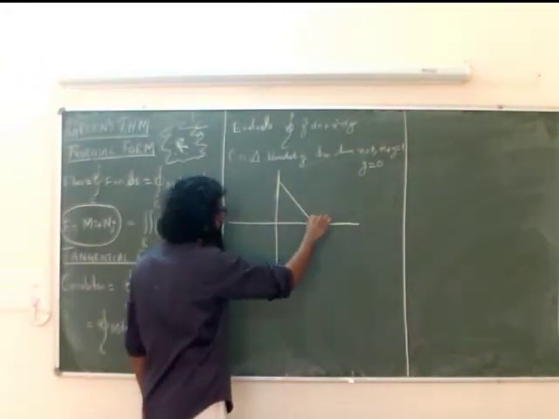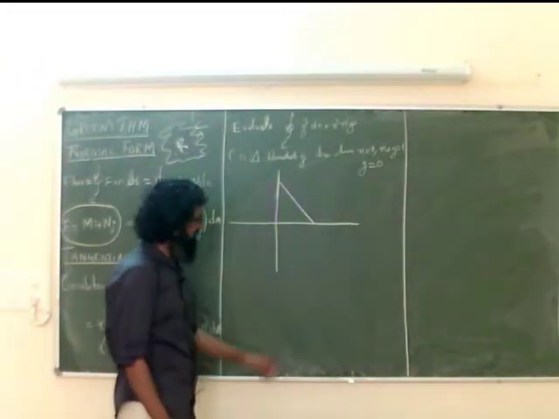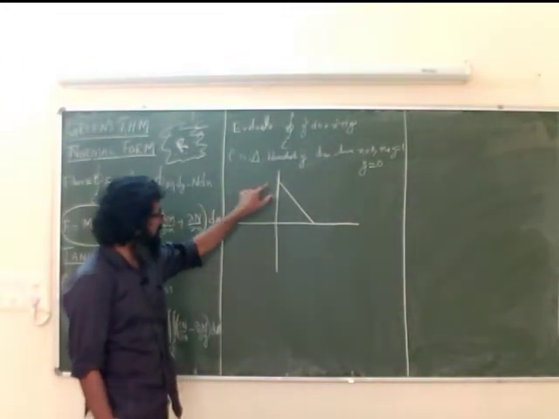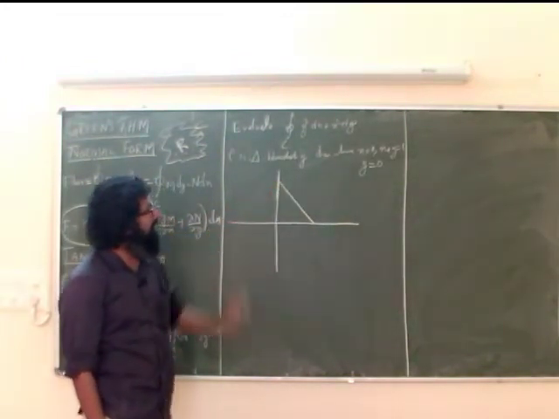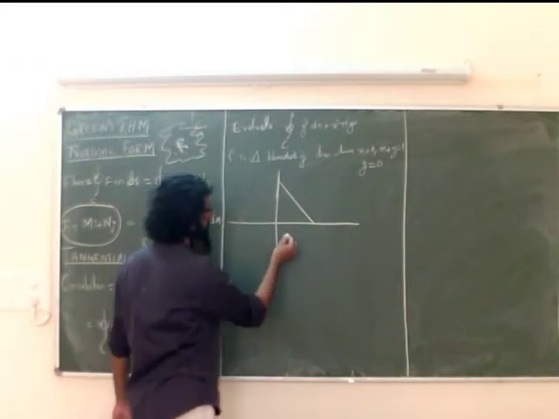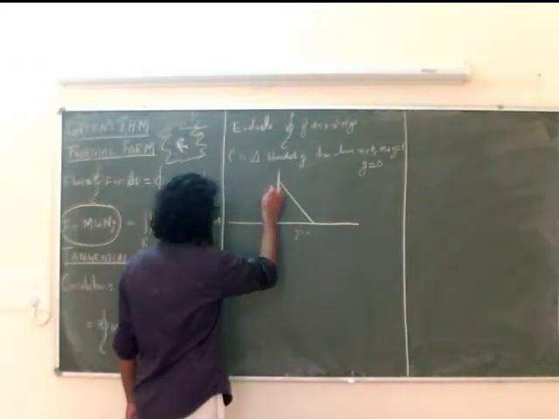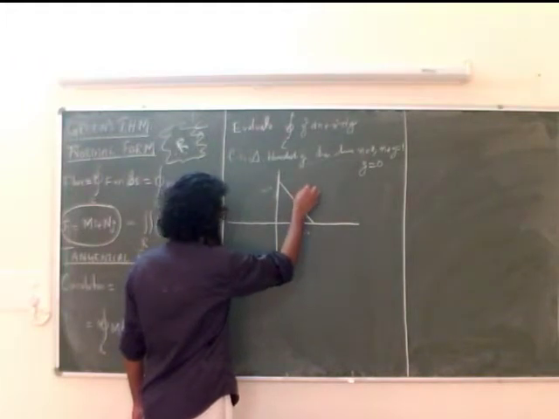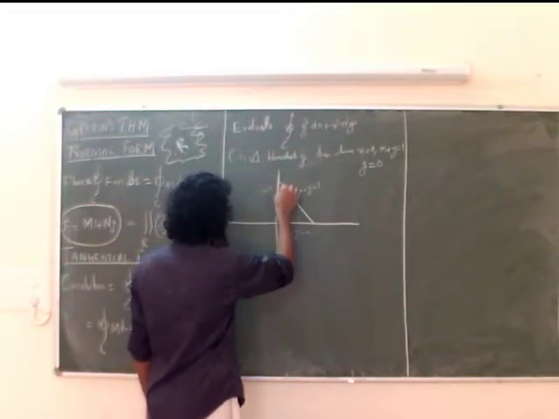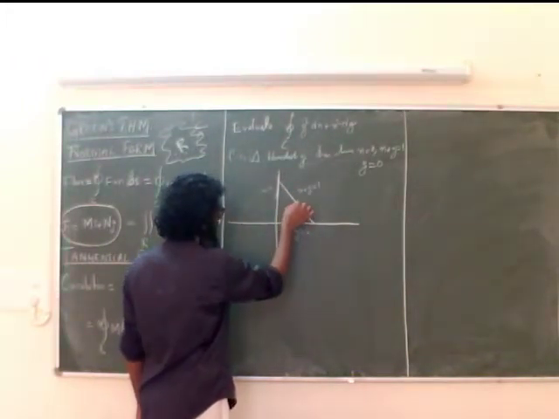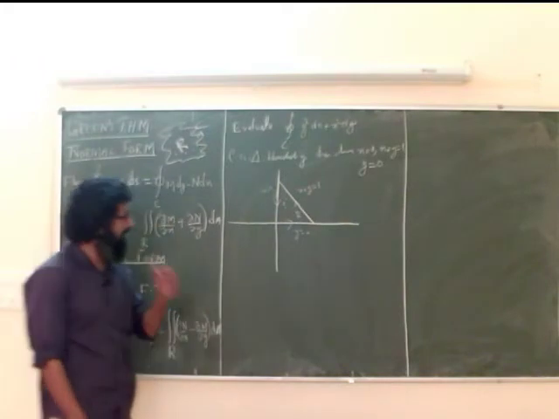The line x plus y equal to 1 passes through the points (1, 0) and (0, 1). So this is y equal to 0, this is x equal to 0, this is x plus y equal to 1. This is my curve C, and this is the region R bounded by the curve C.